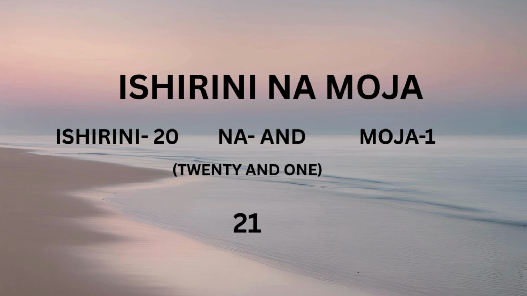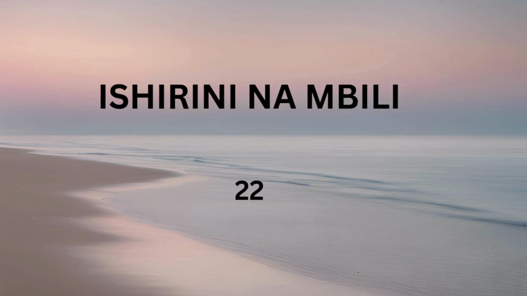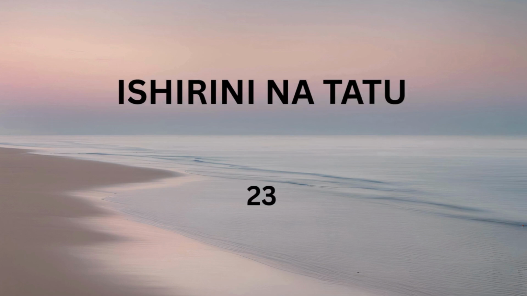Remember, all these numbers from this point onwards will follow the same naming format, as we can see with number 22, which is ishirini na mbili. Then we find ishirini na tatu.